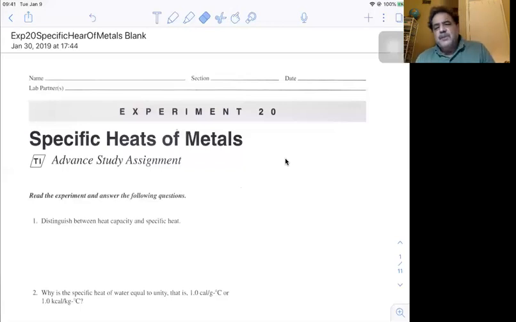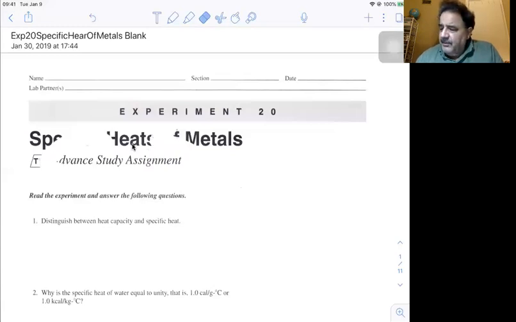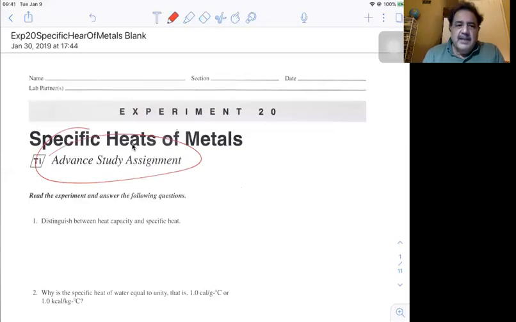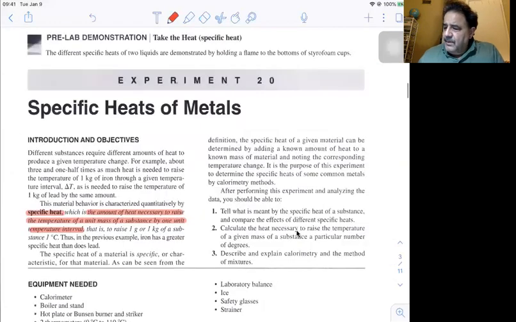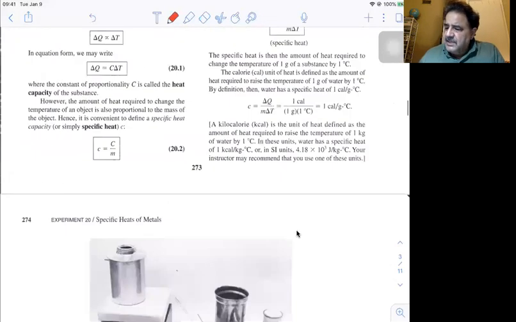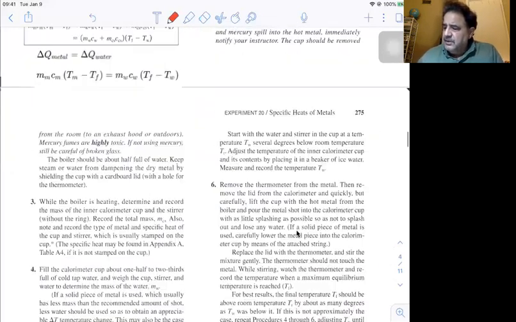Okay, so our first experiment is the specific heats of metals. Now, every experiment is going to have this advanced study assignment that I'm circling here. Let me put up the advanced study assignment. It gives you a discussion on the procedure.